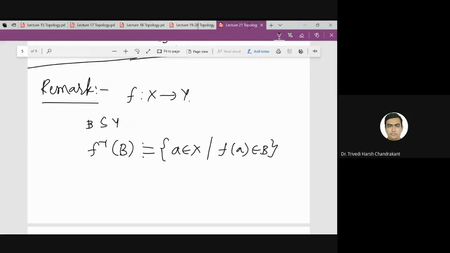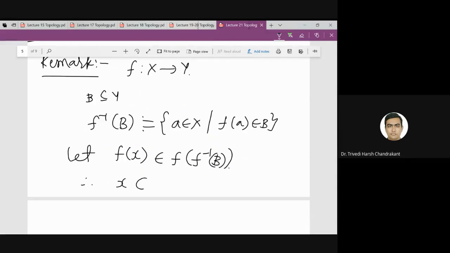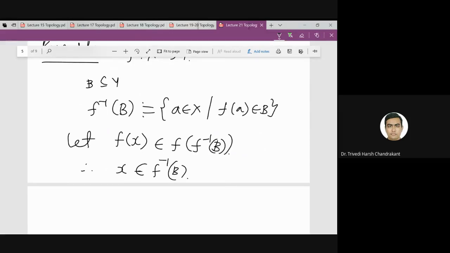Now if I take some element x in f inverse B, let f(x) belong to f of f inverse B. If I take such an element, then obviously this means that x belongs to f inverse B. What are the elements of f inverse B?